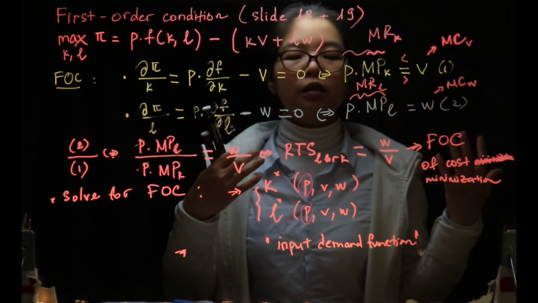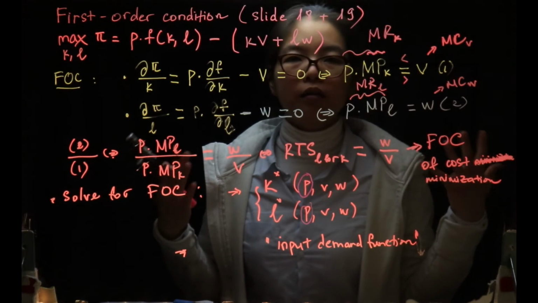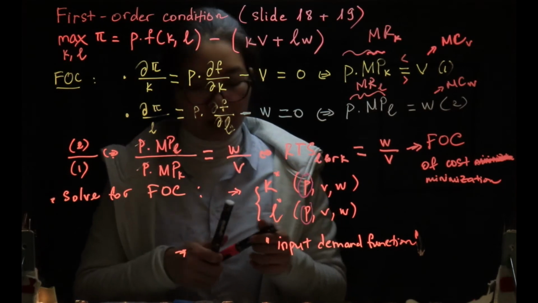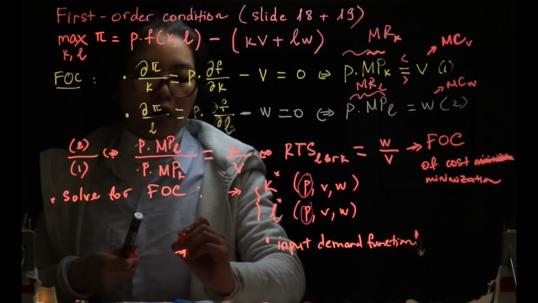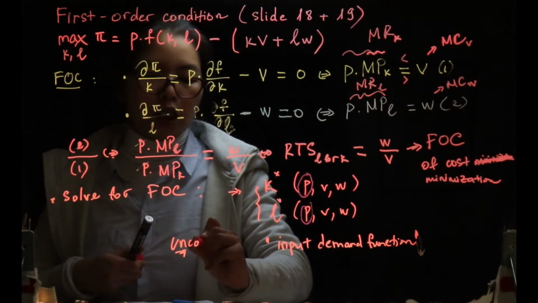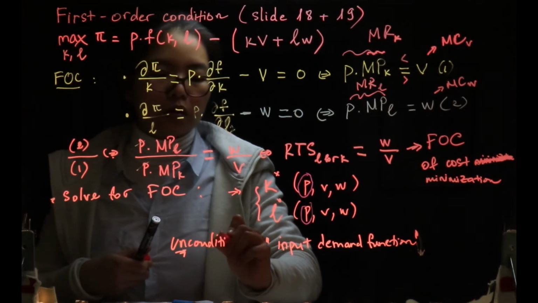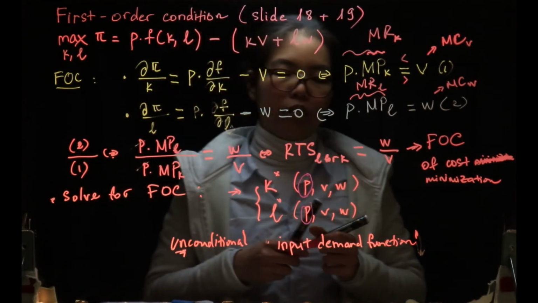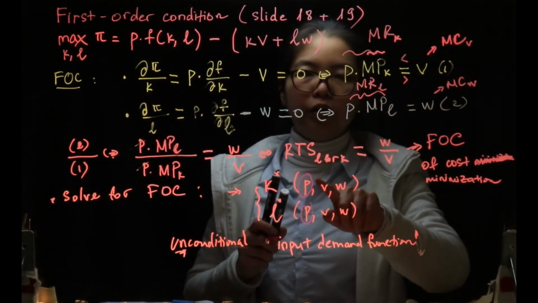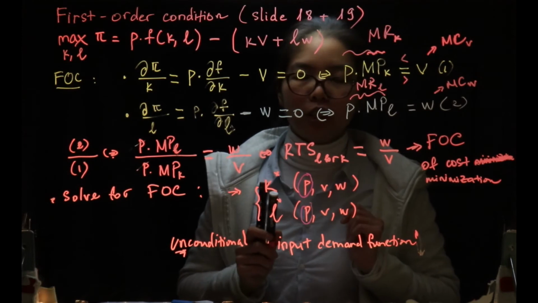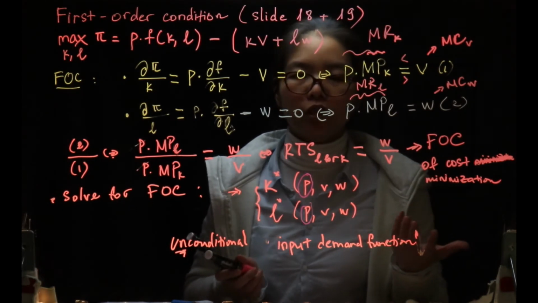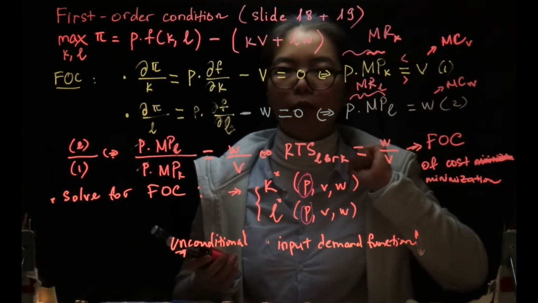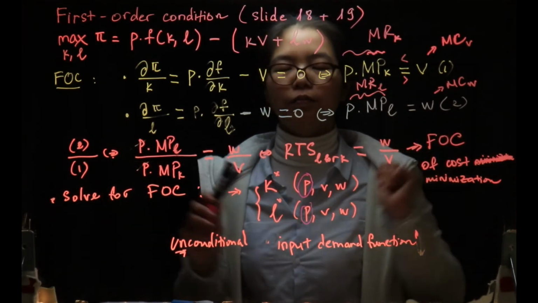So it doesn't depend on the quantity, but on input and output prices. Because of that, we call it unconditional. Remember, before, when we had Q in this place, we called them contingent input demand functions, because they were contingent on output quantity. Now we don't have output quantity, so it's unconditional.